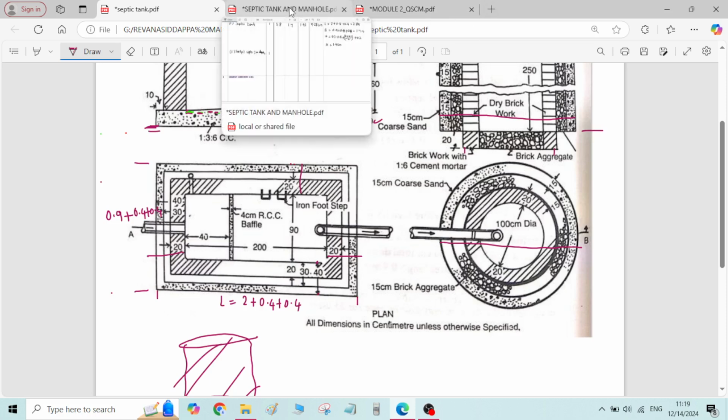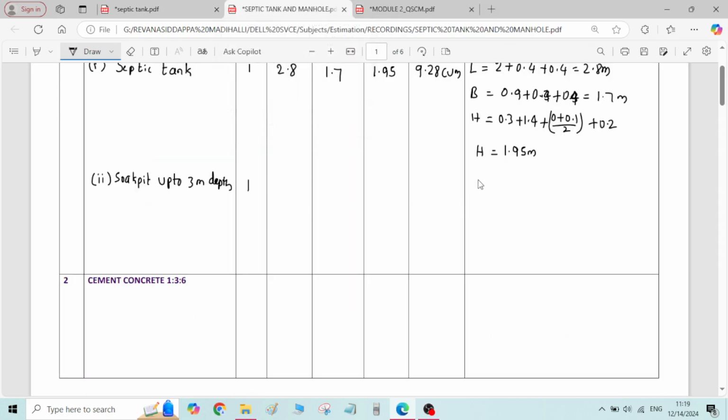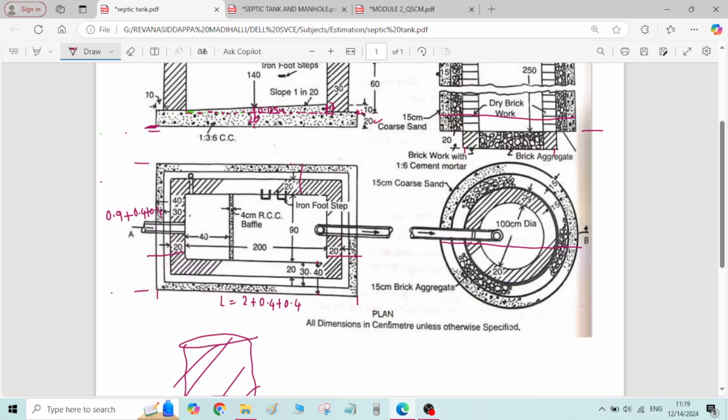Therefore the calculation, diameter d is equal to 100 plus 20, means in terms of meter it is 1 plus 0.2 into 2, on both sides it is there, no? 1 plus 0.2 into 2, plus 0.15 into 2, plus 0.15 into 2.